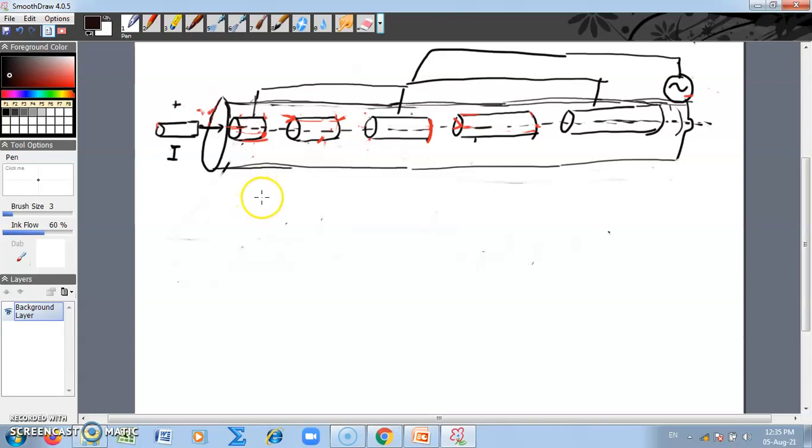So let Ln be the length of the nth cylinder, or the nth cylindrical electrode.